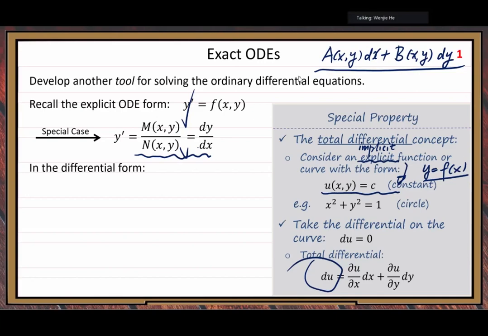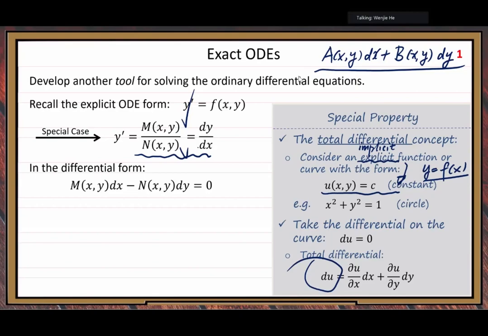Now, let's write the differential form. Let's convert this original equation to the differential form. But on the left-hand side, capital M is an arbitrary two-variable function, capital N is an arbitrary two-variable function, so it may not be a total differential. In general, it's not a total differential.